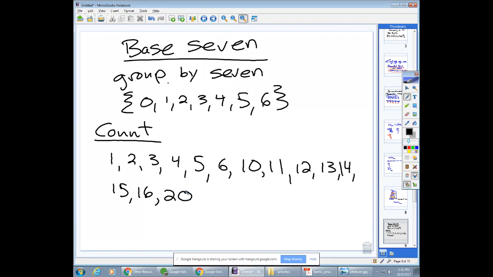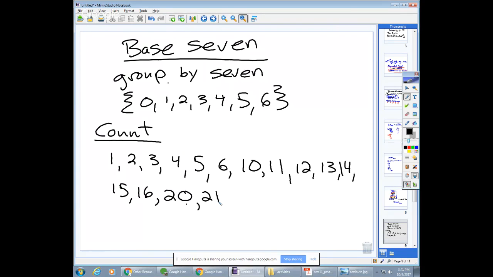I have no 1s and two 7s, so I'm up to 14. The homework, for some reason, likes to count to 15. So you'll have a homework problem where you need to count to 15. How about I write 15 in base 7? 2t1, or 2-1. There's the first 15 counting numbers in base 7.